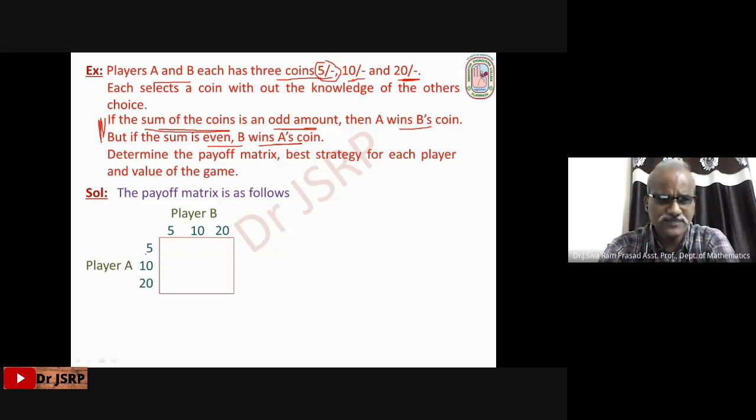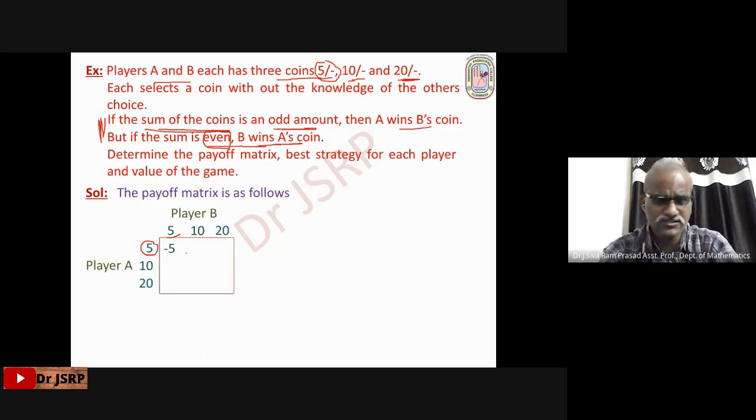Suppose player A selects 5 rupees coin, player B selects 5 rupees coin. What is the sum of these two values? 5 plus 5, 10. 10 is an even number. In that case, B wins A's coin. That means A loses his coin to B, so A loses 5. Losses mean the corresponding payoff is a negative value.